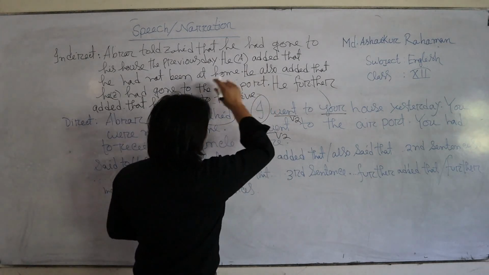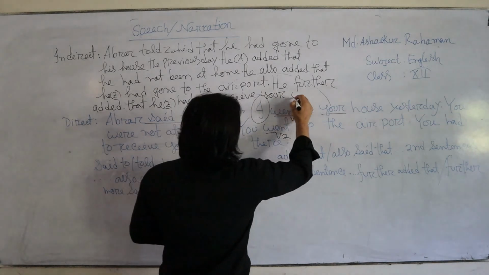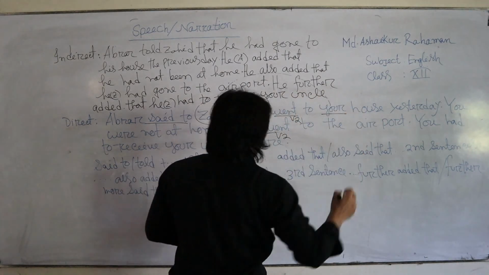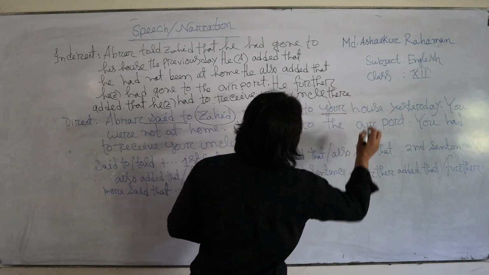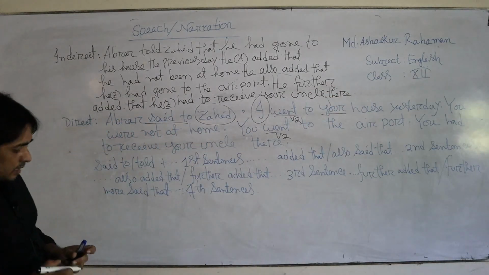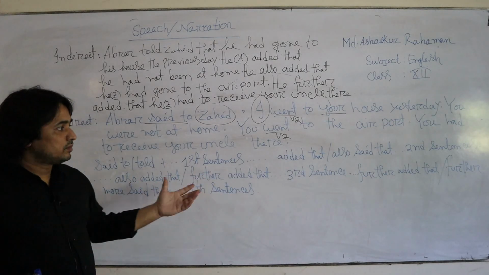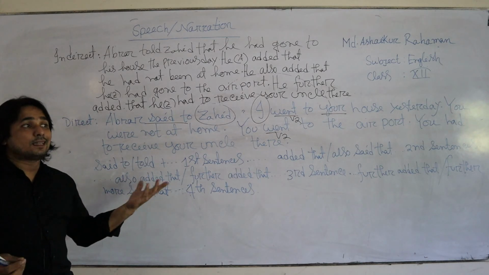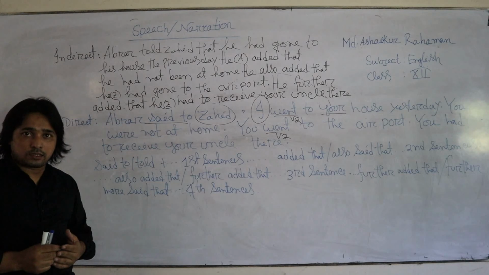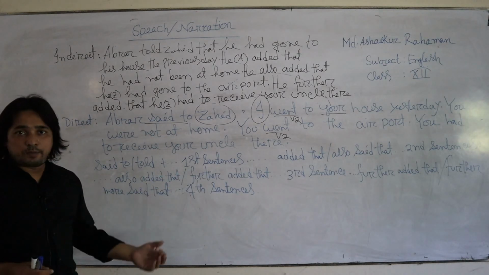Your means his, Zahid's, uncle there. Now you see how we can connect the sentences logically if we find more than one sentence of a single person. Especially these types of sentences are found in passage narration.